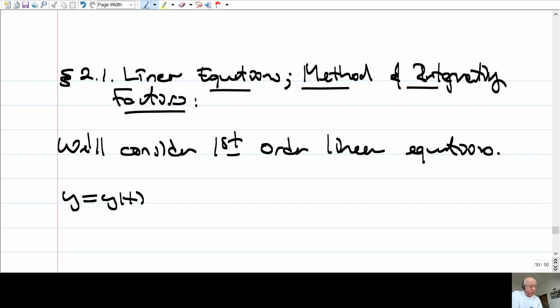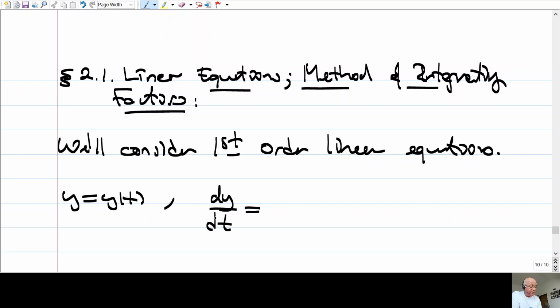So, till the end, we will only consider ordinary differential equations. So we have only one independent variable, let's say t, and sometimes it will be x. Since it is first order, I have something like this, dy/dt.